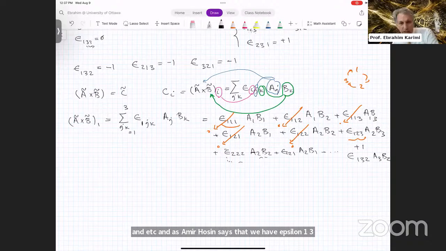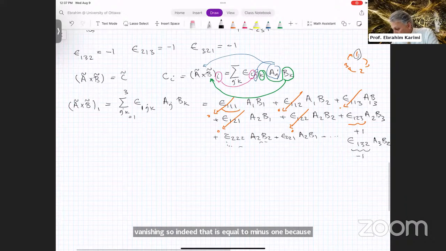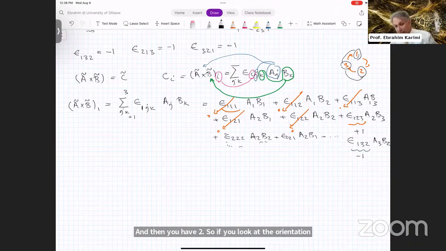That's the only other one which is not vanishing. So indeed, that is equal to -1, because if you look at the permutation of these, it goes 1, then 3, and then you have 2. If you look at the orientation of that, you will see that it goes counterclockwise. That's the reason that you have -1.